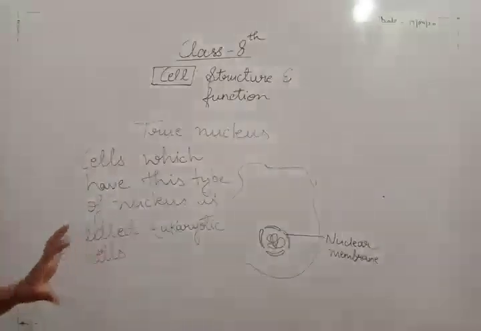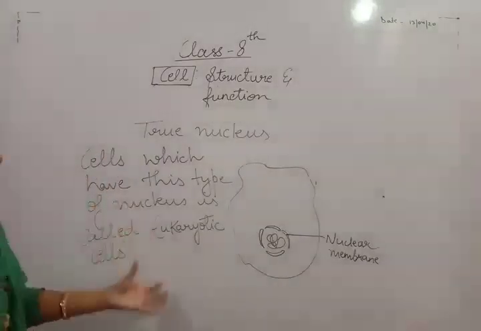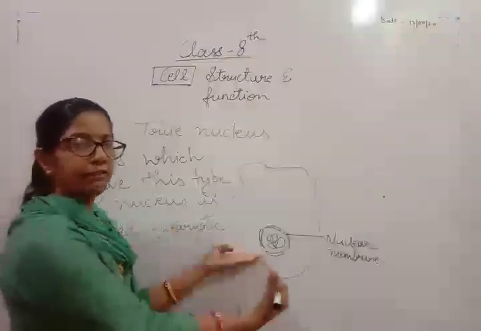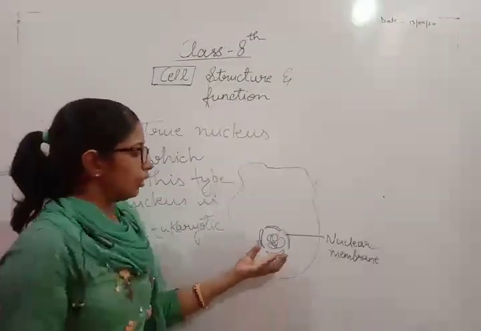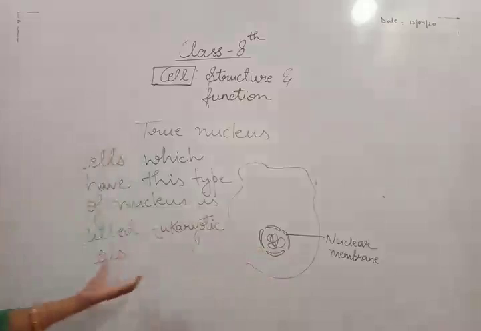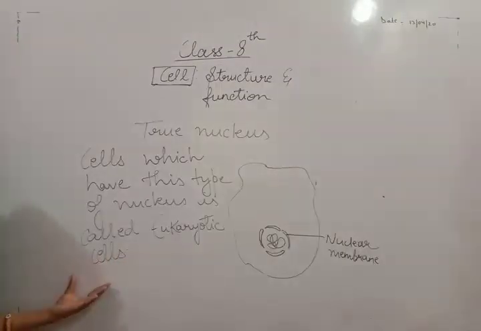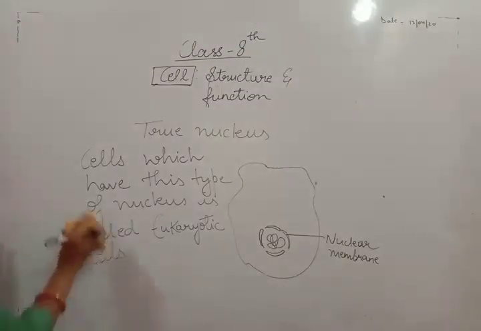Okay, the cells which have this well defined, well organized nucleus are known as eukaryotic cells.